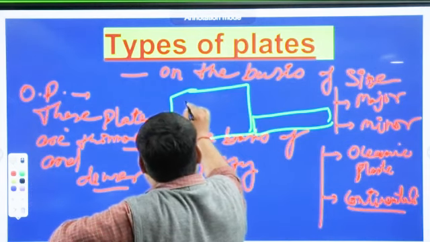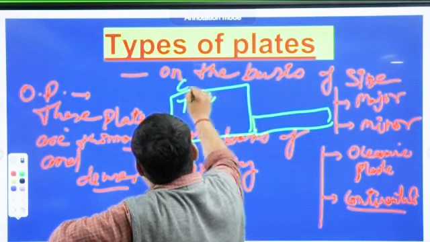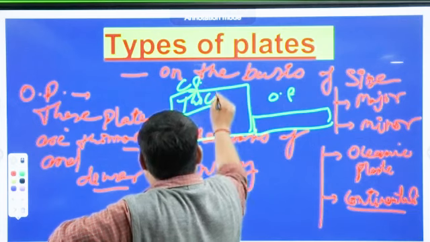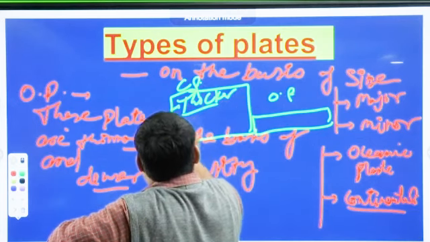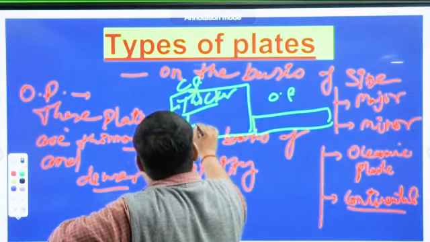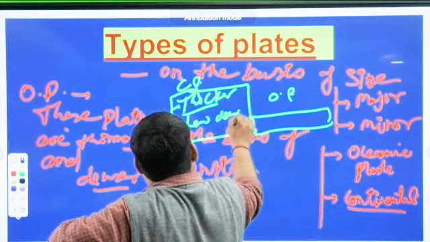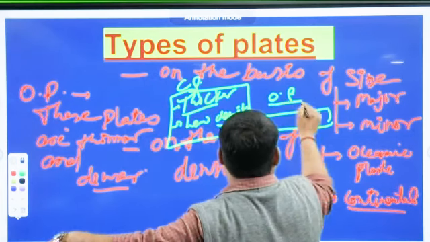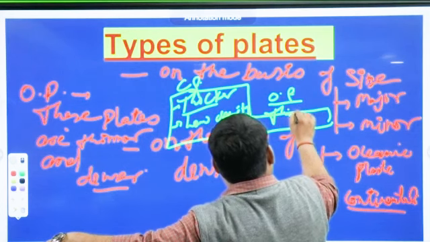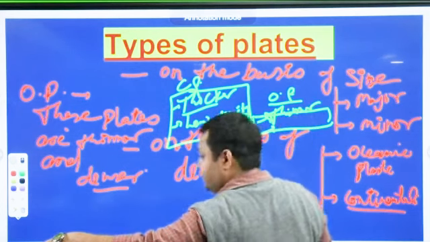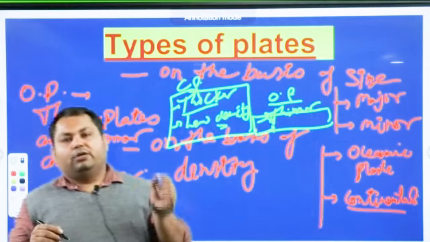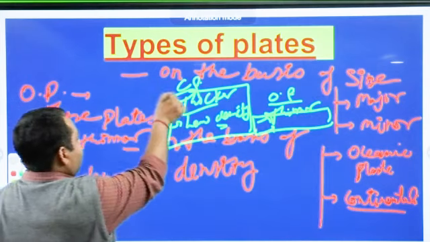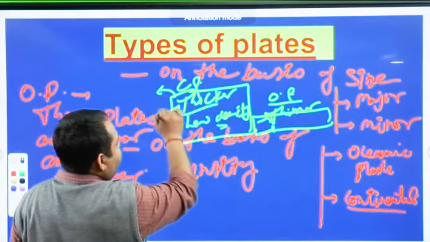In this case the continental plate, CP, is thicker, having low density material, but the oceanic plate, OP, is thinner and has comparatively higher density minerals.